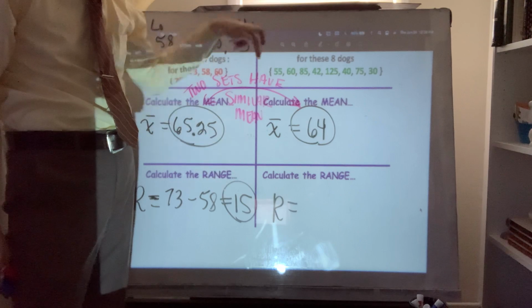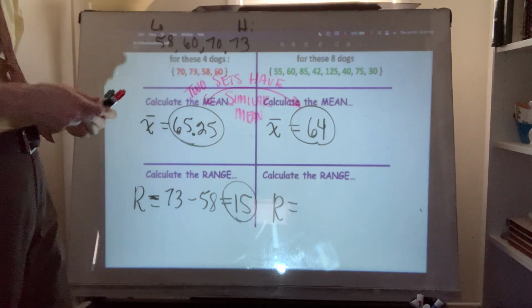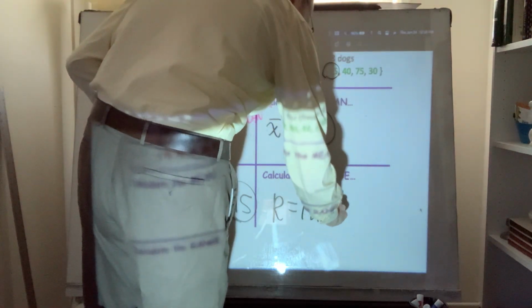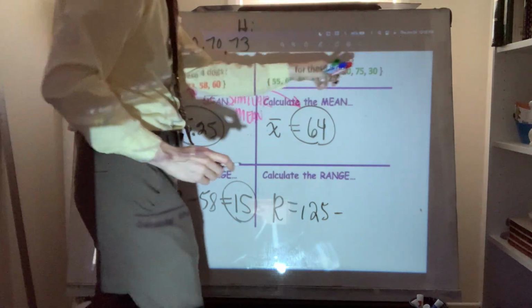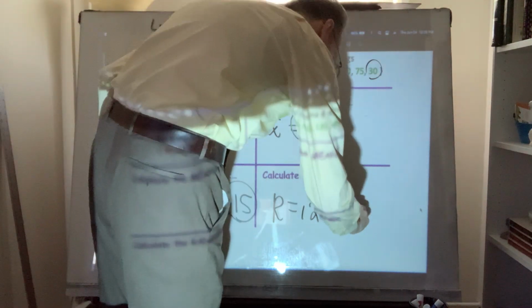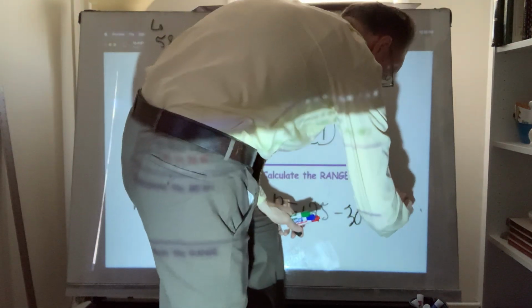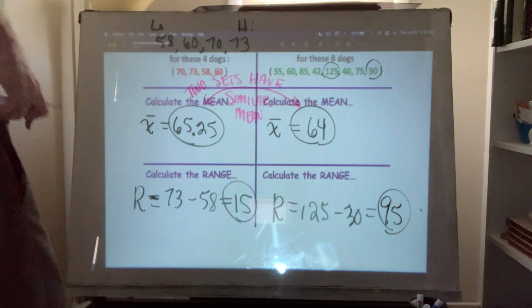If you calculate the range in this more plentiful set of data, what's the high value? It would be 125 minus the lowest value, which appears to be 30, and in which case you get 95. So what does this mean?